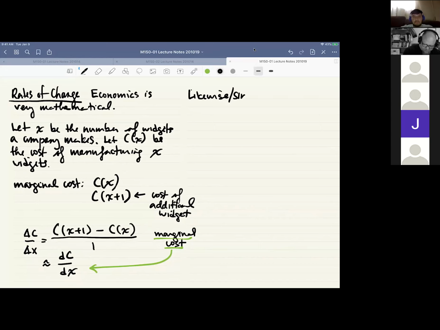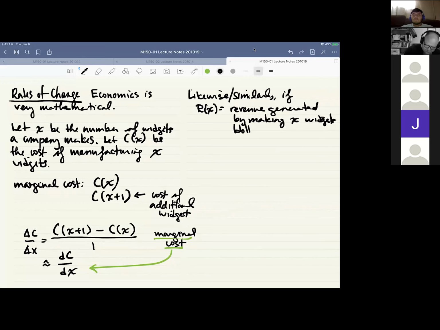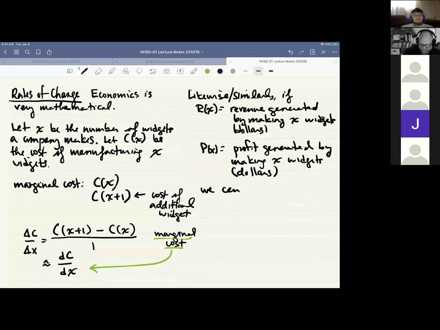Similarly, if R of X is the revenue generated by making X widgets, and that'd be in dollars, and if P of X is the profit generated by making X widgets, and that's also measured in dollars, the economists can talk about marginal revenue and marginal profit.